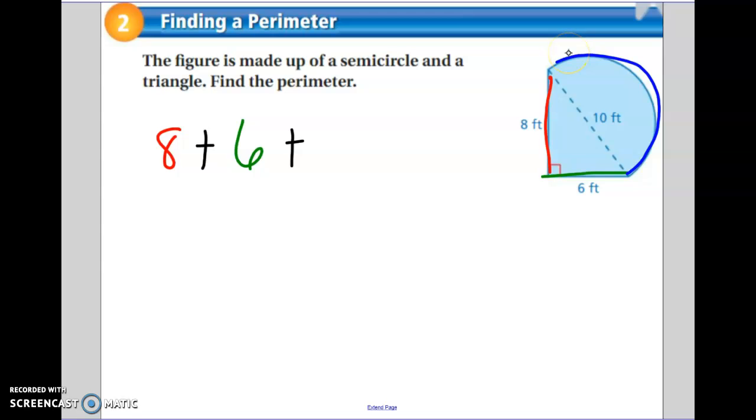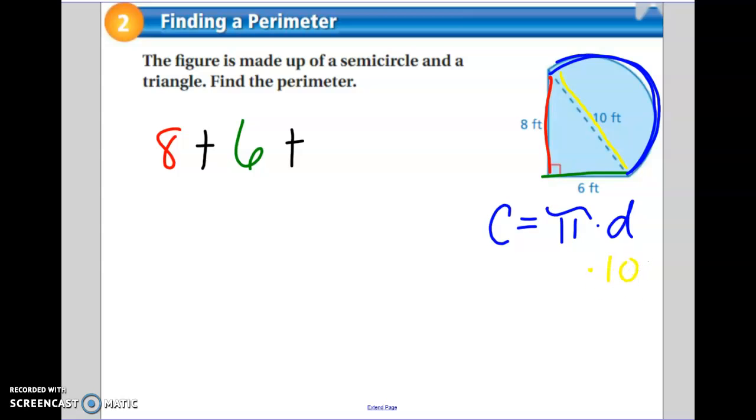So this is half of a circle. Remember that the circumference, that distance around the outside of a circle, is pi times diameter. And as it turns out, we do know the diameter is all the way across, and so I know that the diameter is 10.